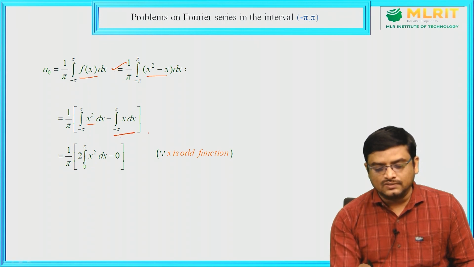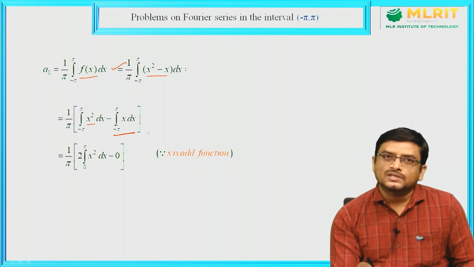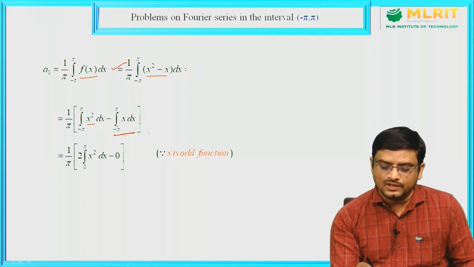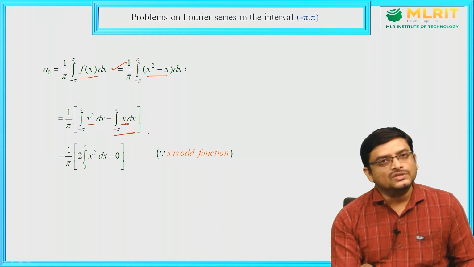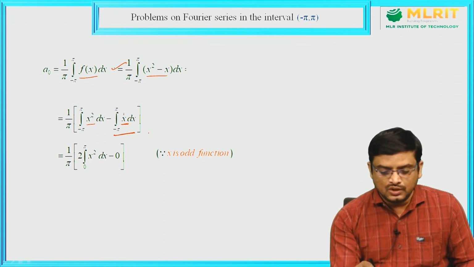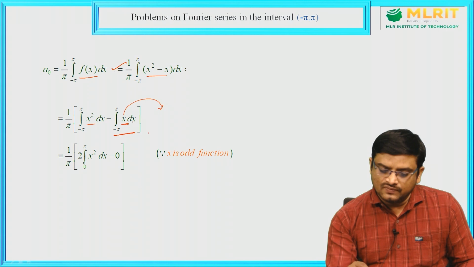Now if you observe this second integration, whenever we are discussing integrations between minus pi to pi, or minus a to a, or minus infinity to infinity, we have to concentrate on the function and check whether that function is even or odd. Here we have x, so consider this as f of x.